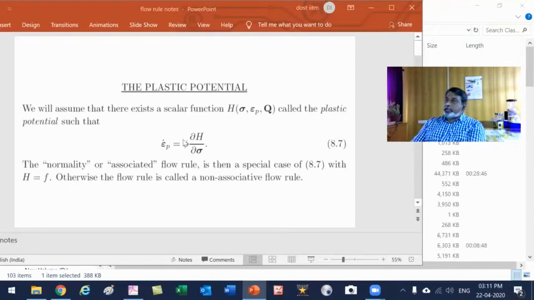And as we stated earlier, the plastic flow, which is defined by epsilon dot P, is proportional to the gradient of the potential. This is, in fact, the non-associated flow rule.